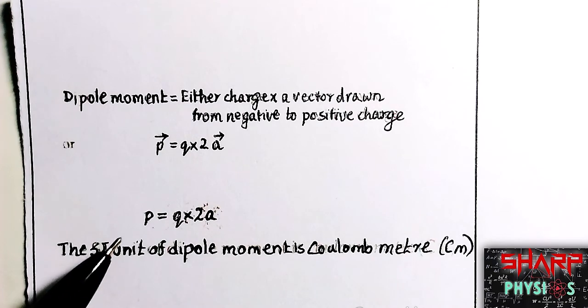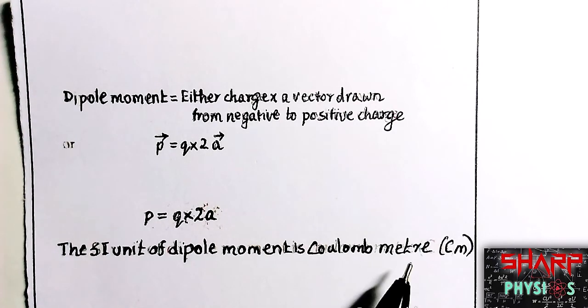When we want to find the magnitude, p is equal to q into 2a. The SI unit of the dipole moment is coulomb meter, that is C m.